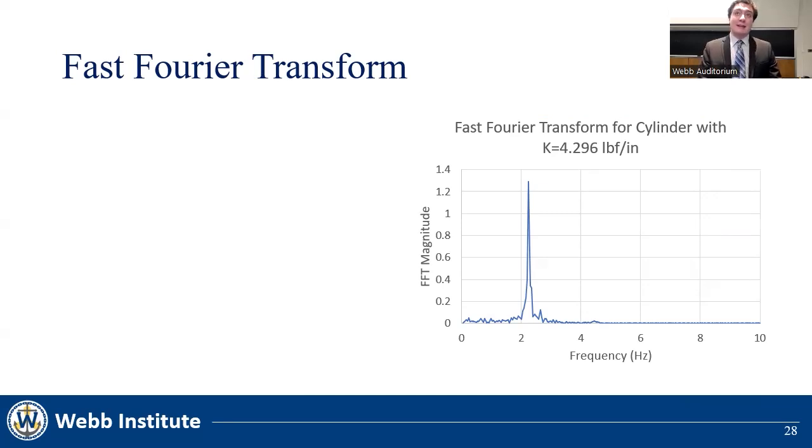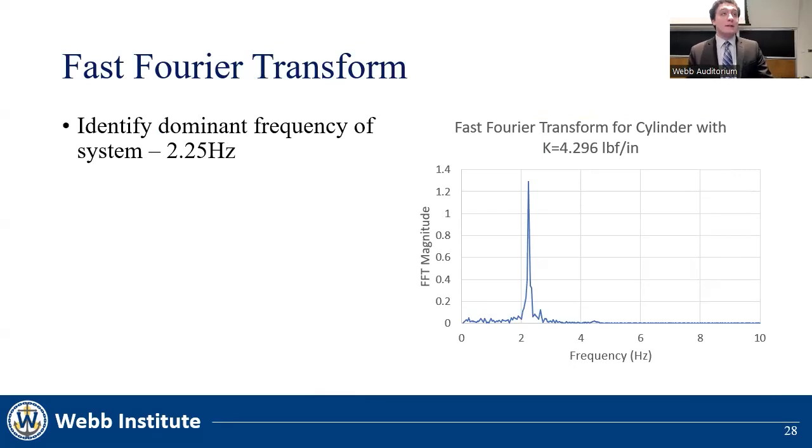For each of our tests, we conducted a fast Fourier transform to identify the frequencies at play in our system. The x-axis of the fast Fourier transform is the frequency in Hertz, and the y-axis is the magnitude of the fast Fourier transform itself, which is non-dimensional. We can identify from this data that the natural frequency for the cylinder oscillating with a heave stiffness of 4.296 pounds-force per inch is 2.25 hertz.